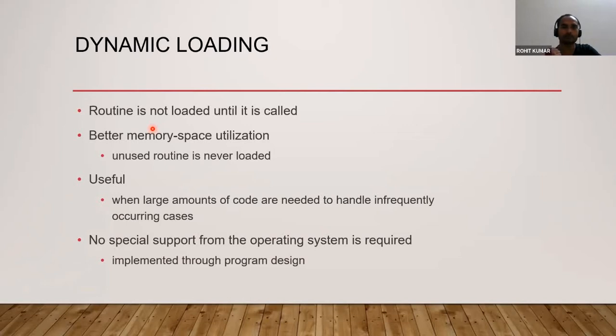No. Nobody knows what will happen in real time. Execution time means runtime, means real time. In execution time, you have no idea that you will need this particular kind of function at this particular location for this particular kind of problem.